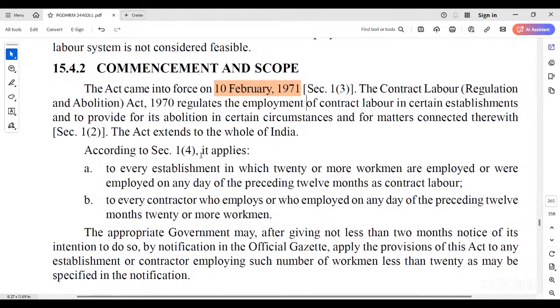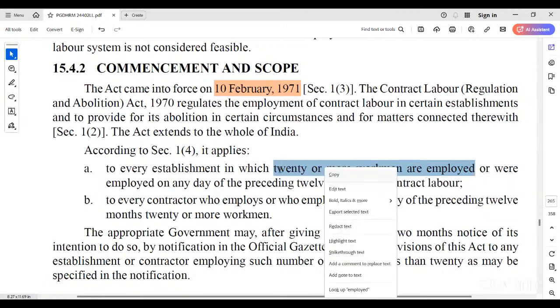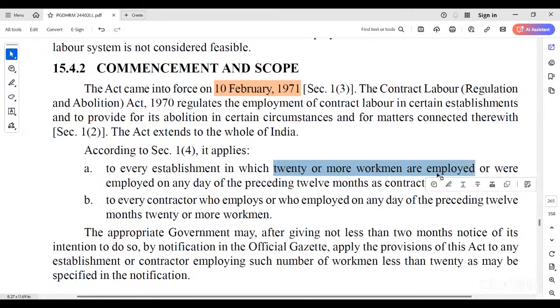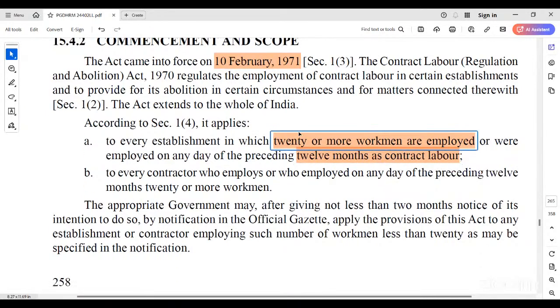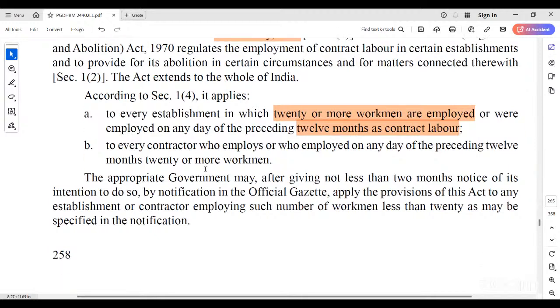According to Section 1, subsection 4, this act applies to every establishment in which 20 or more workmen are employed, or were employed on any day of the preceding 12 months, as contract labor, and to every contractor who employs or employed 20 or more workmen on any day of the preceding 12 months.